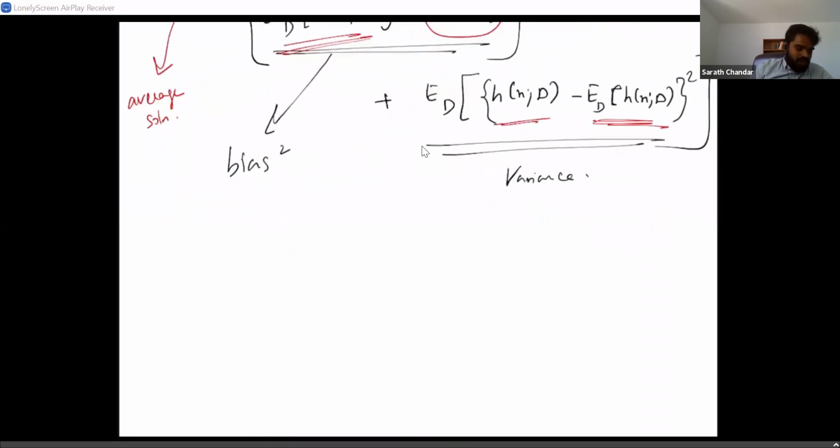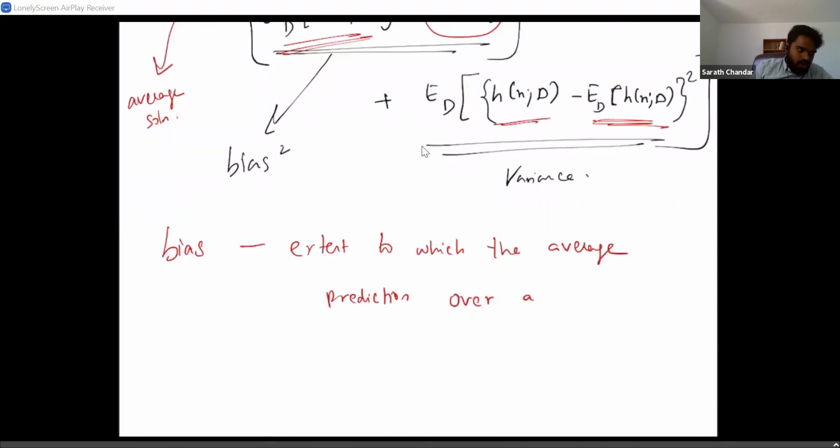Let me try to explain what bias and variance are in plain English. Bias is the extent to which the average prediction over all possible data sets varies around, let's just say, h star.